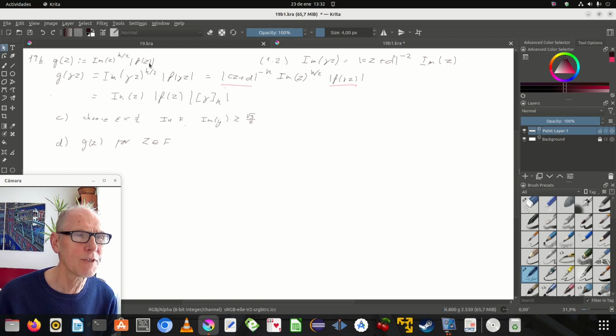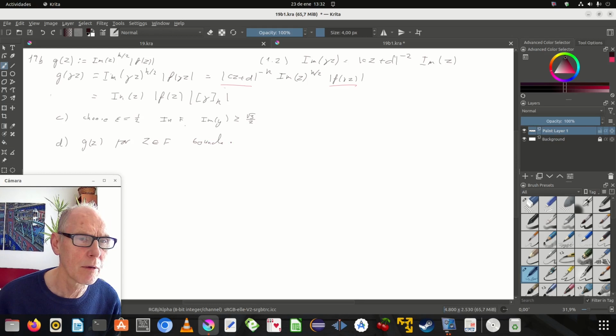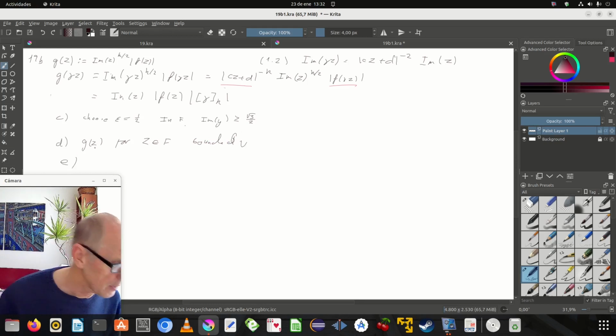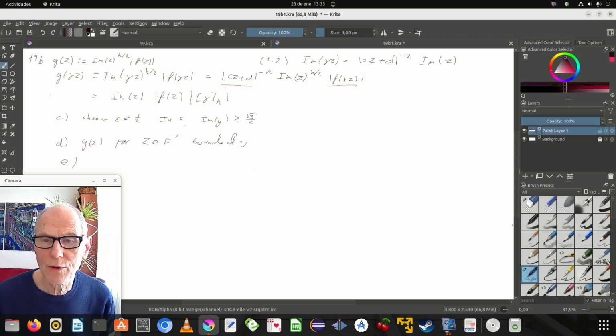It drops off exponentially, so of course it's bounded. Yeah. And now comes E. It says F mark. All right. So that's not done at all.